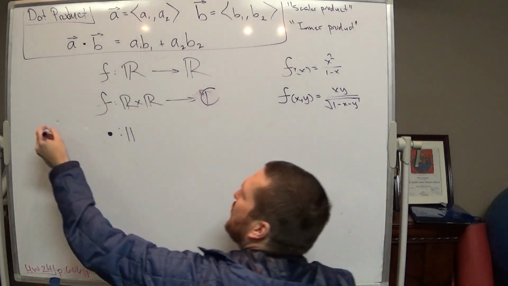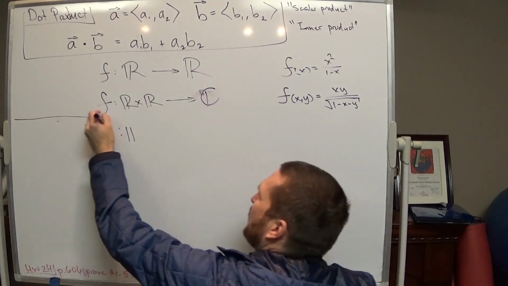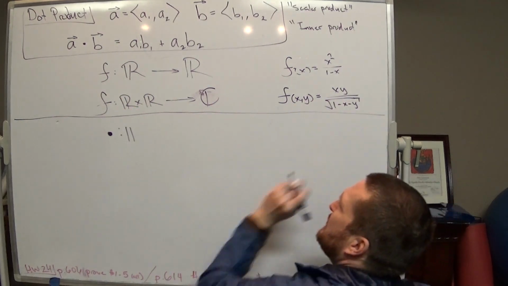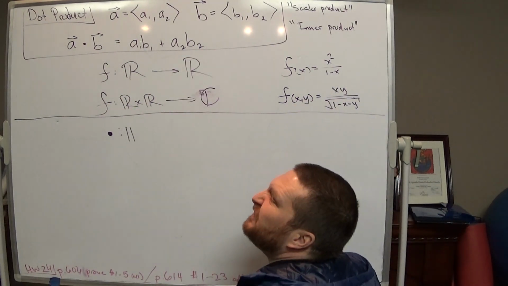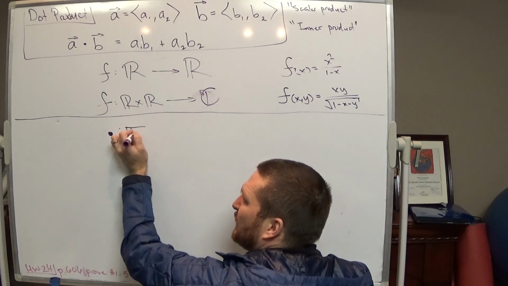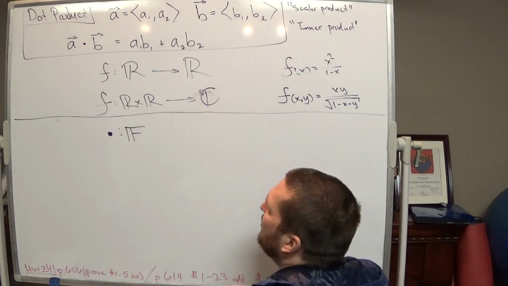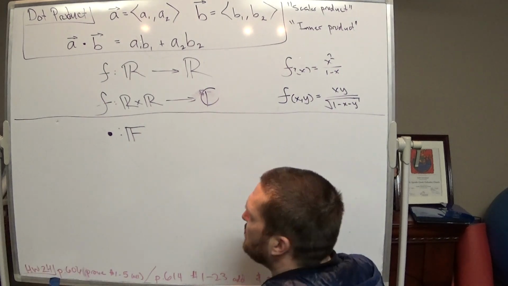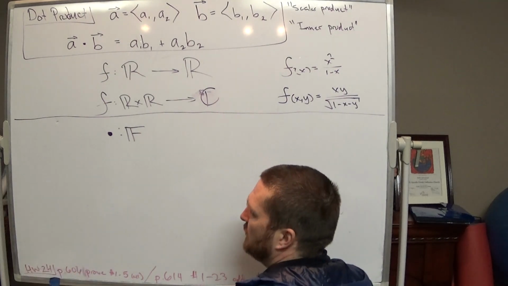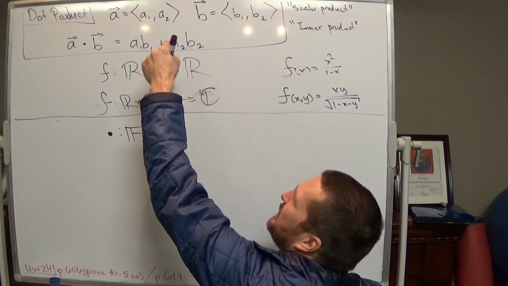I'm going to do this in general first. The only thing about a vector space is that the underlying thing has to be a field. So let's say any field, I'm just going to go big blackboard bold F. That could stand for the reals, the rationals, the complexes, whatever. And it could be any dimension.